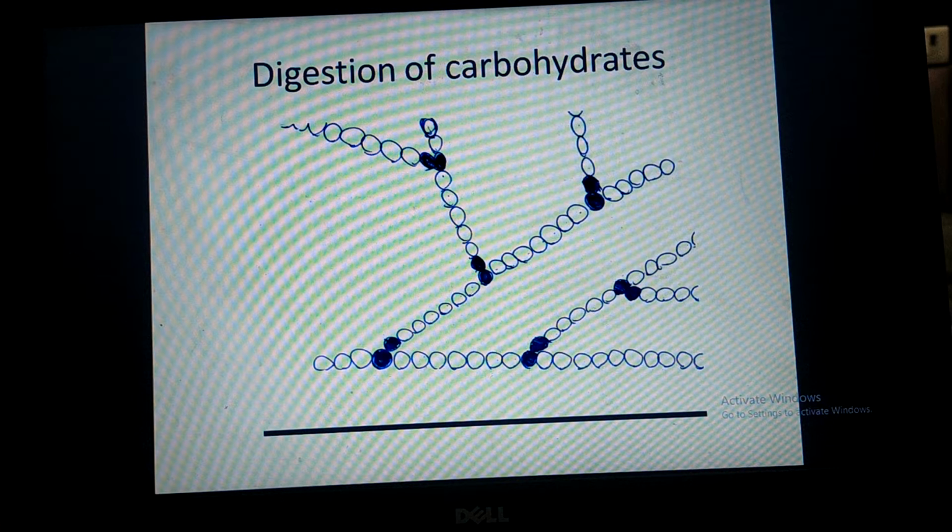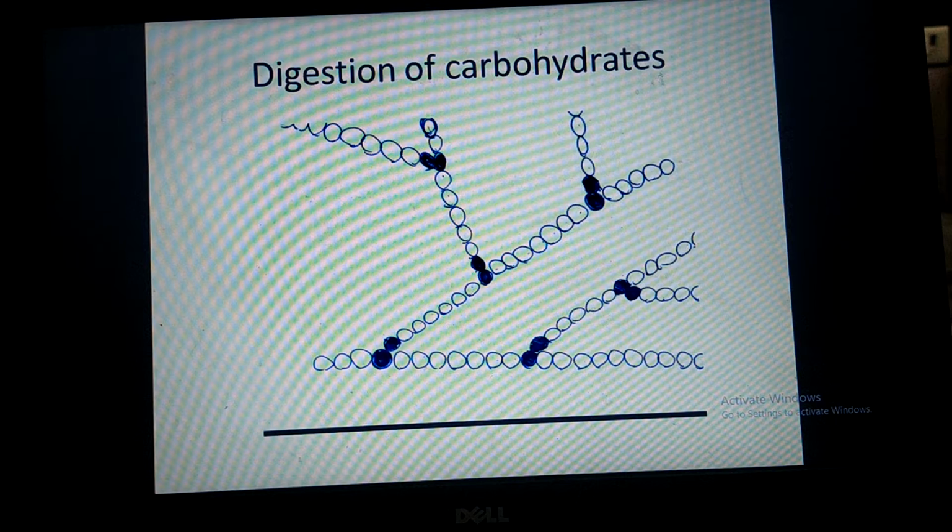But when a branching point is formed, or when the branch originates from the existing branch, that branching point glucose molecule is joined by alpha 1,6 glycosidic linkage. So in this figure, the dark circle indicates alpha 1,6 glycosidic linkage.